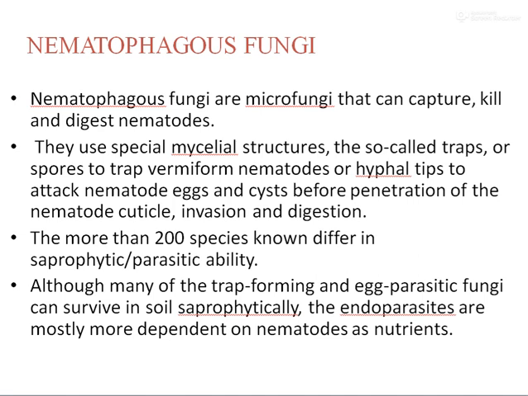And you can see that almost 200 species of nematophagous fungi have been found which have either saprophytic or parasitic ability. Many of the trap forming as well as the egg parasitizing fungi survive saprophytically, and the endoparasites are mostly more dependent on nematodes as nutrients. Now, what about the nematodes?